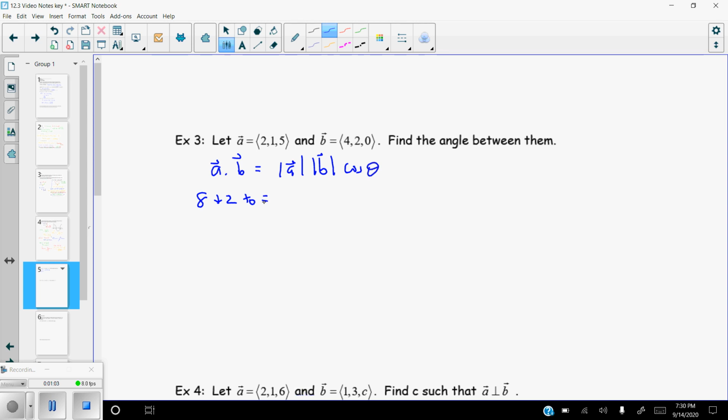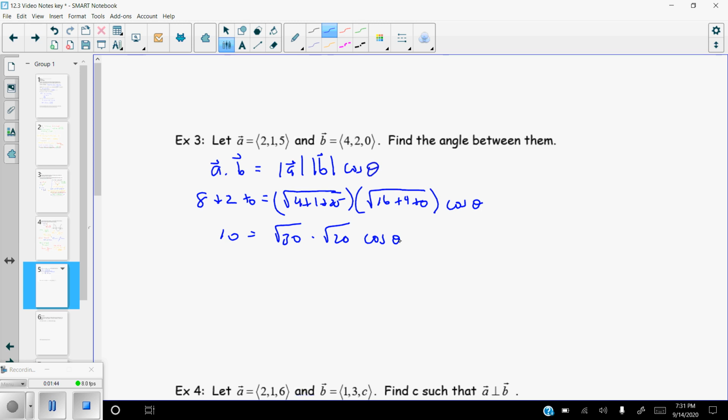The magnitude of A is the square root of each component squared added together, so that's 4 plus 1 plus 25. The magnitude of B is the square root of 16 plus 4 plus 0. So we get that 10 equals the square root of 30 times the square root of 20, cosine of theta.